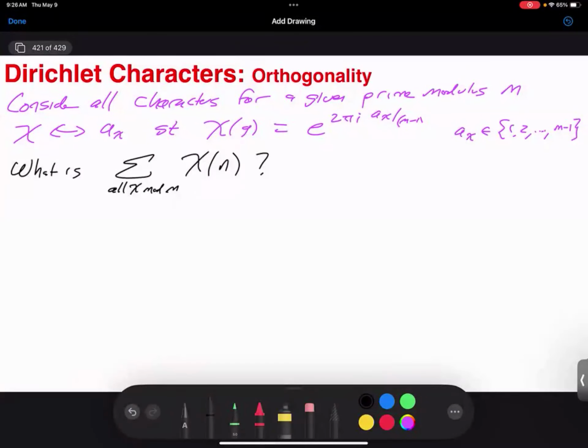Are there any n where this is easy to calculate? Okay, good. So if n is 0, what would we get? Good. So if n equals 0, we get 0. There's another choice of n that's easy.